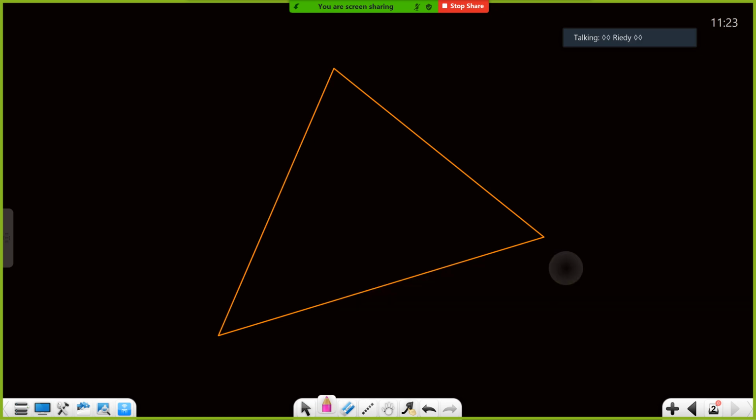Sorry, let me try that again. I'm going to make that the first base. If that's the base, I need to know where the height is. And always in a triangle, the height should be perpendicular to the base. Okay, so there's my height.